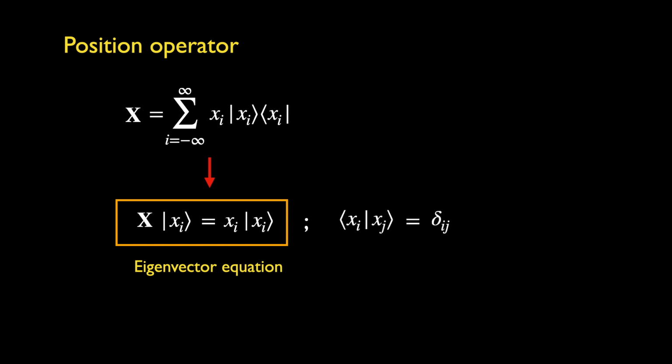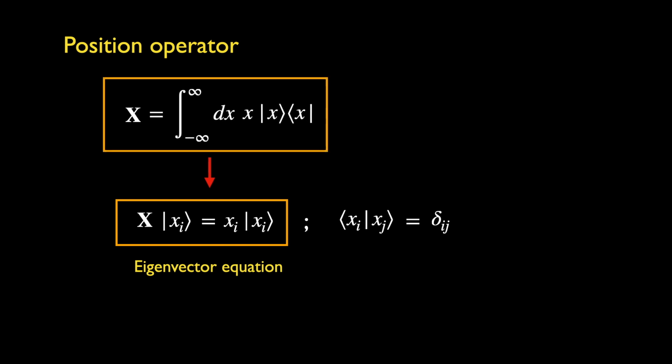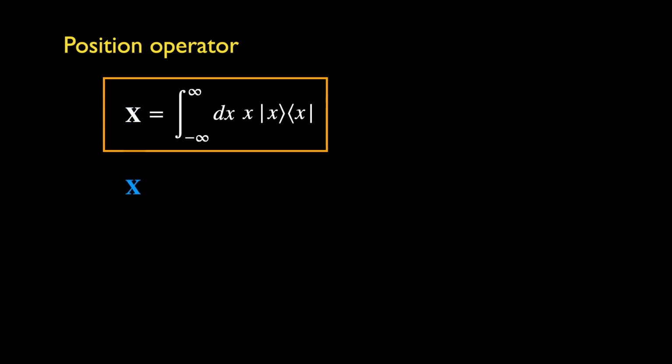This position operator is naturally extended to continuum states as the following, which also satisfies the eigenvector equation now with continuum position states. The orthonormality conditions are just replaced by the continuum form. There may be observables that are functions of position.